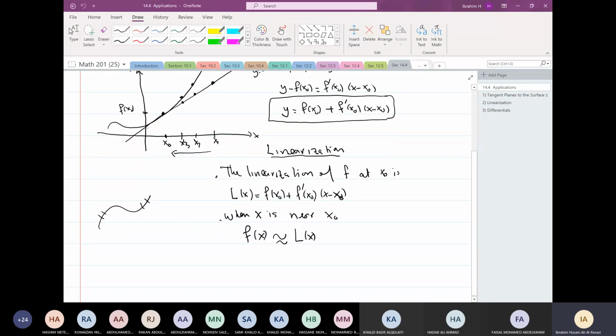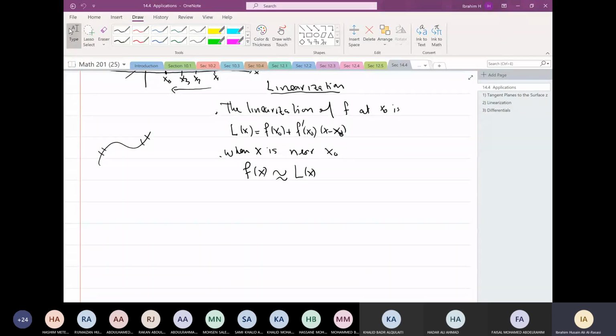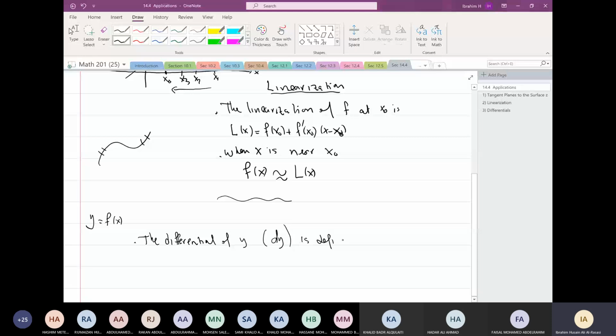So now we go to the third application, which is the differential. Again, I will just go to Math 101. So for the differential, you have y equals f of x, and you have the differential of y, denoted by dy. It is defined as follows: dy equals f prime of x dx.